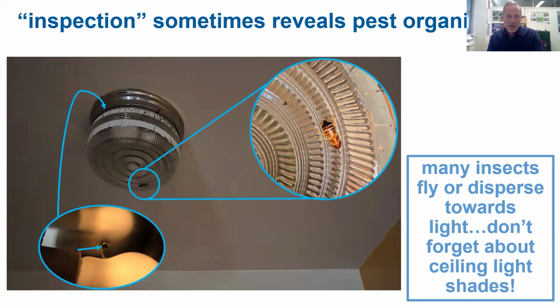I removed the light shade, and there was another female Turkestan cockroach that had died inside. How did she get in there? The light shade was very firmly attached to the ceiling. There were no gaps. And it would have been very difficult for the cockroach to climb across the ceiling, down the slippery fixture, and up the slippery shade to get inside.